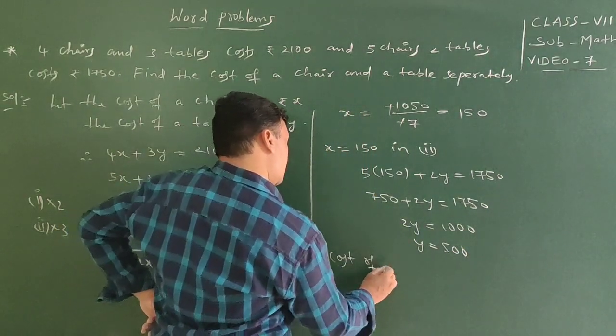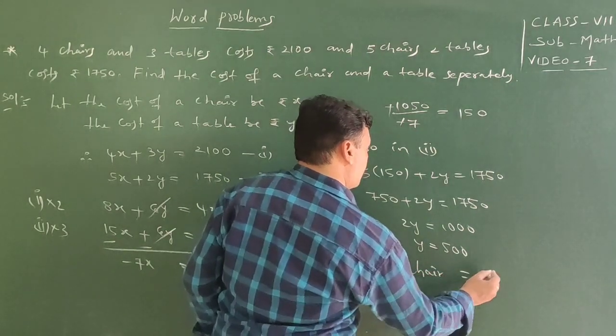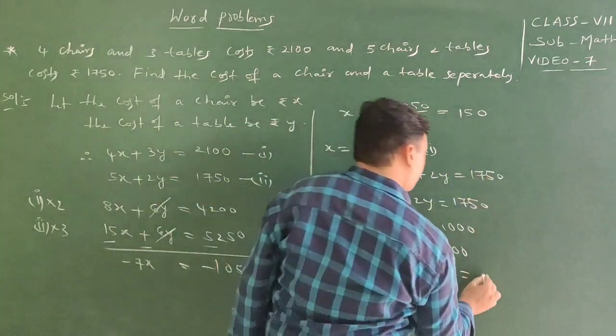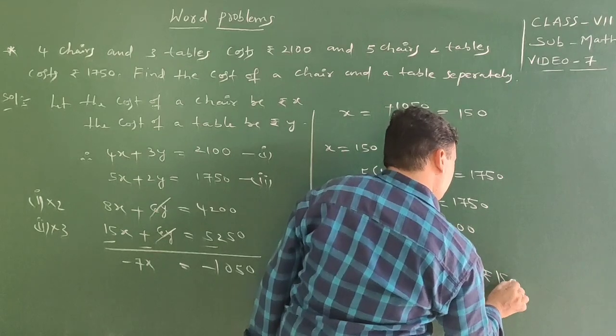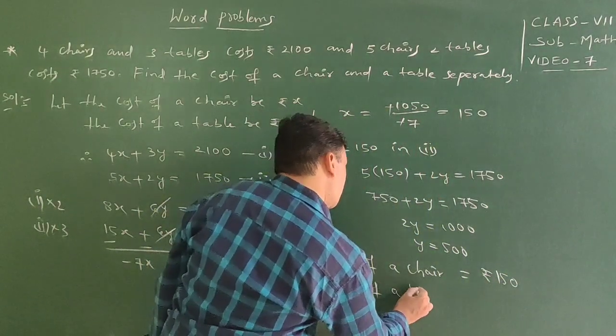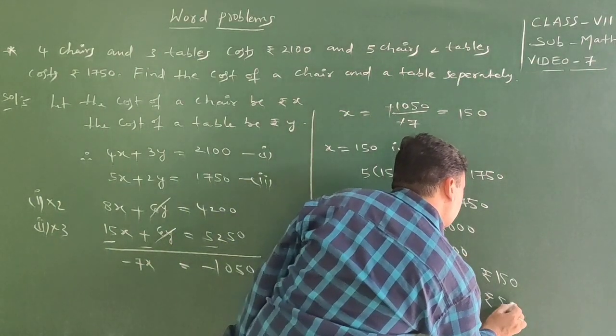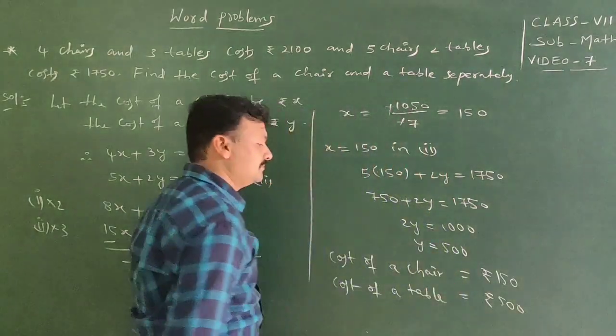So cost of the chair, that is x, is 150. Cost of a table equal to rupees 500.